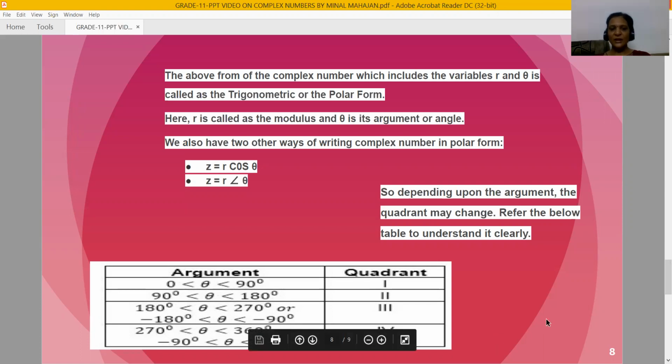So if theta is between 0 and 90 degrees, it is in the first quadrant. If theta is between 180 degrees and 270 degrees, it is in the third quadrant. If theta is between 270 degrees and 360 degrees, it is in the fourth quadrant.